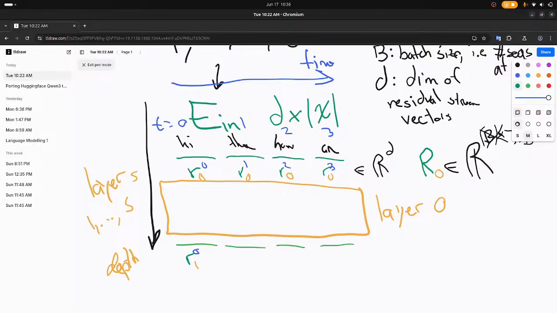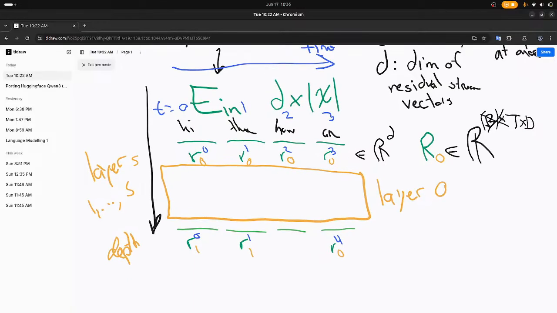So now we get to this point. It's 1, and for all the vectors we have these things. And we do this a ton of times.